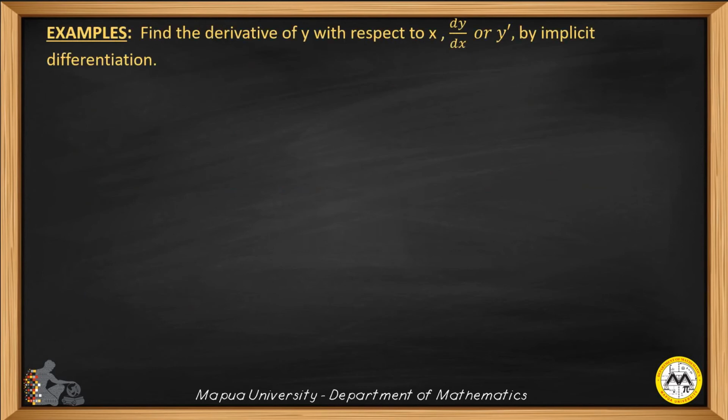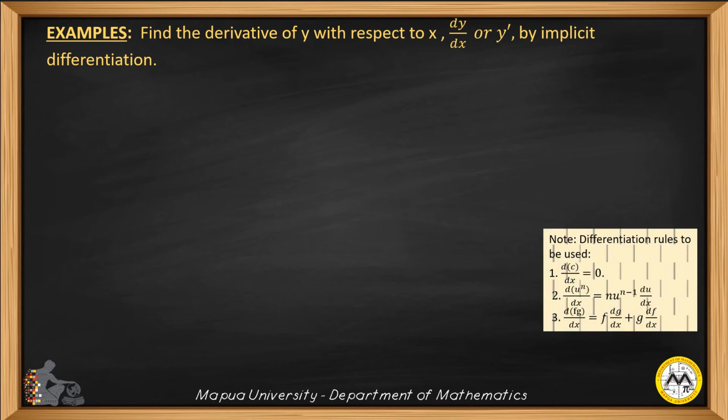Let us now work with a particular example to illustrate the use of implicit differentiation. We will be making use of these rules for differentiation, and that we would like to determine the derivative dy/dx given the function x cubed y minus x y cubed is equal to 100.